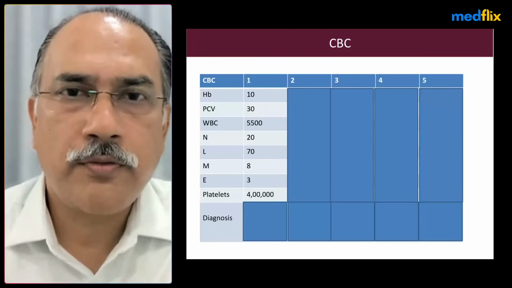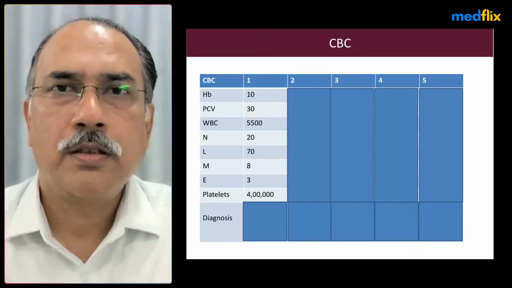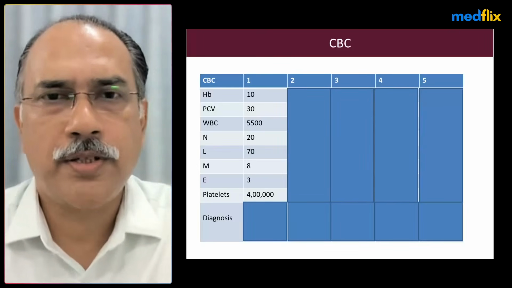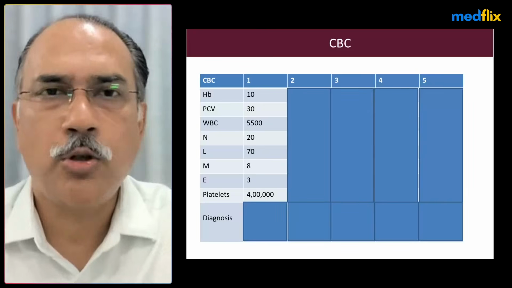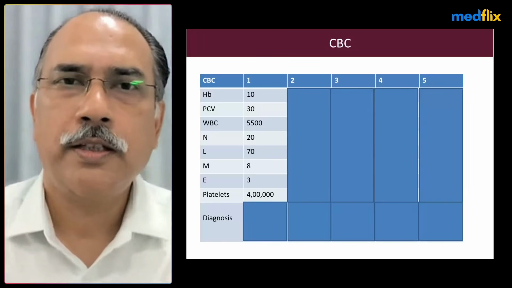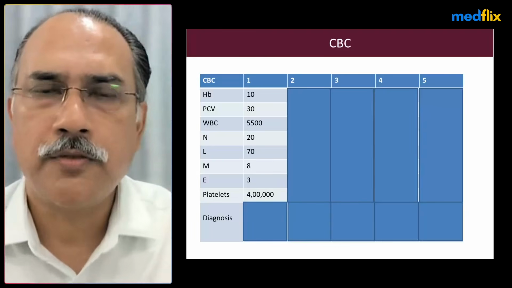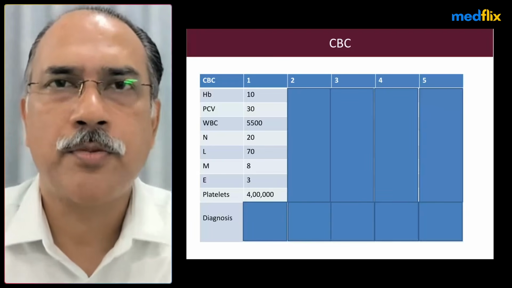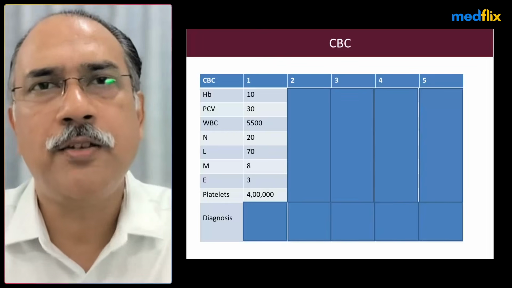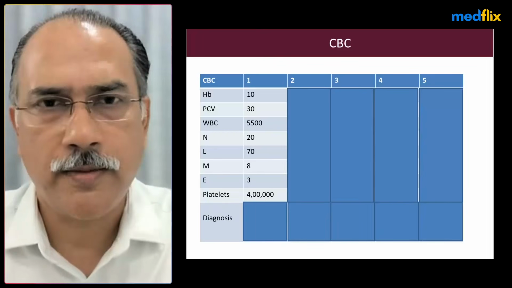So we have this patient with fever for 3 days in monsoon, and this is the CBC. So you see the hemoglobin. How are we going to approach the CBC? We'll look at the hemoglobin, then we'll compare it with PCV, whether the PCV is 3 times the hemoglobin or more. We will see the WBC and see in what range is the WBC.